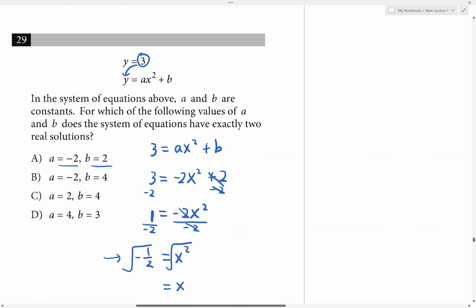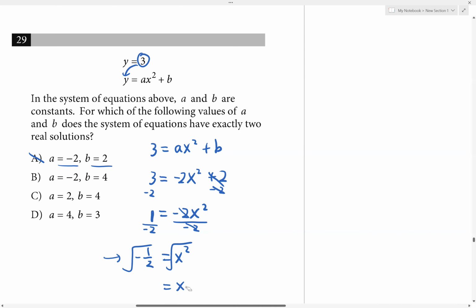But on the left side, we have a problem, because under the square root cannot be negative. We can't take the square root of a negative number, so this won't be a real number. It will end up being imaginary, so it doesn't work. There's no real solution here, so we know it's not A.